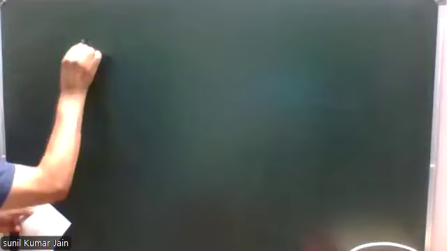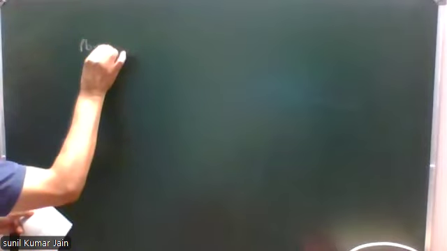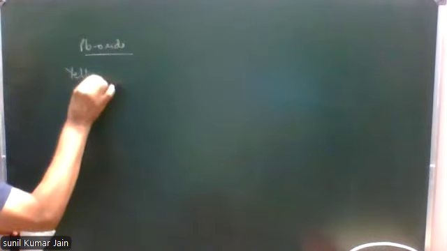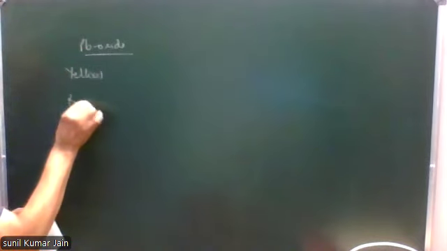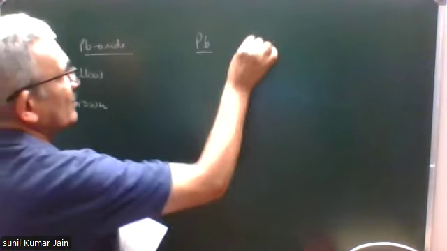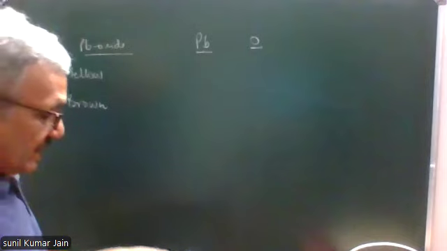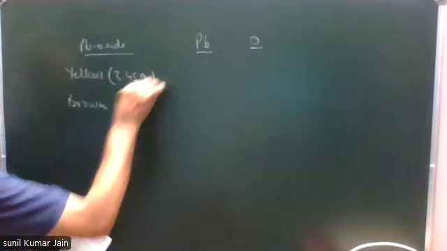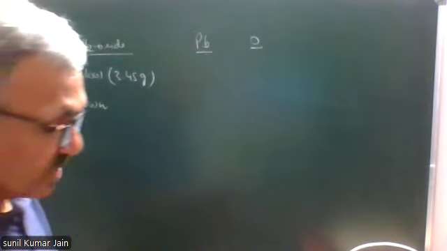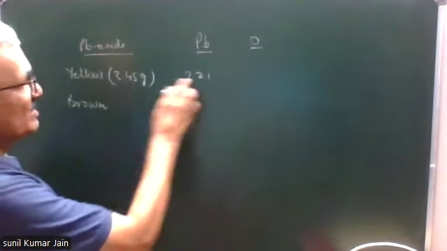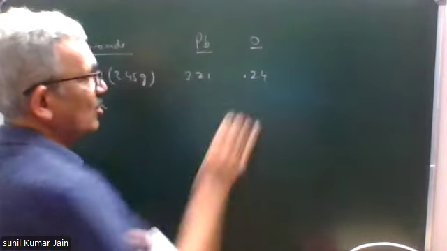Now, lead oxide, yellow and brown. Lead, oxygen. Yellow oxide 3.45 grams, on reduction gives 3.21 gram of lead. It means this minus this is oxygen.